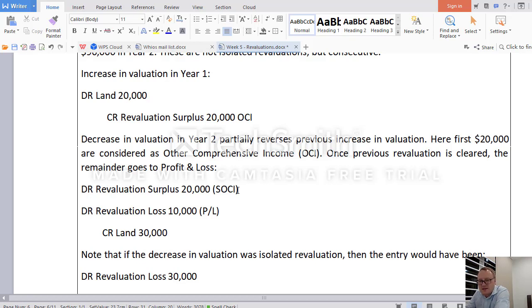Since it is a decrease, obviously revaluation surplus cannot be credited. It would be debited. In general, when you think about these gains, losses, and surpluses, what is credited, what is debited, just assume that gain is treated as if it is a revenue, and loss is treated as if it is an expense. Of course, not revenue and expense, but as if.